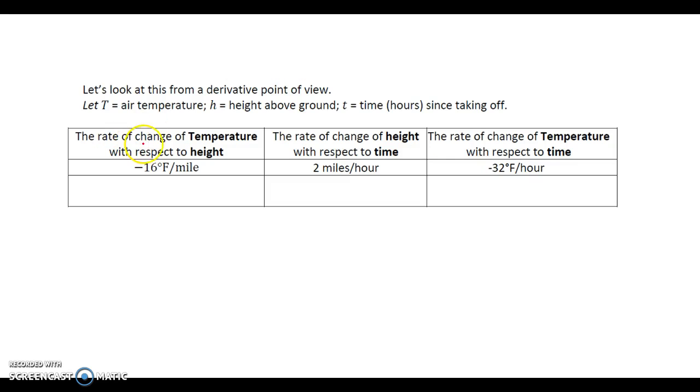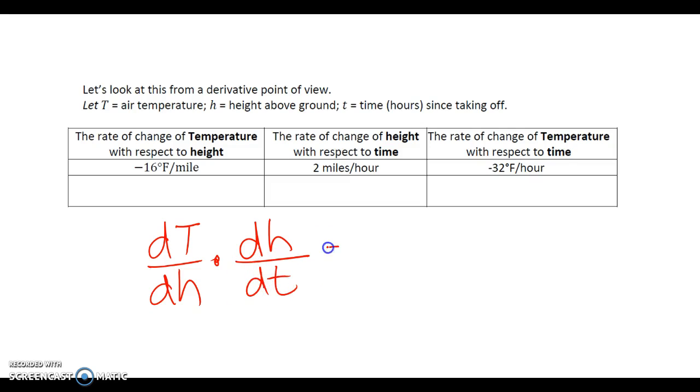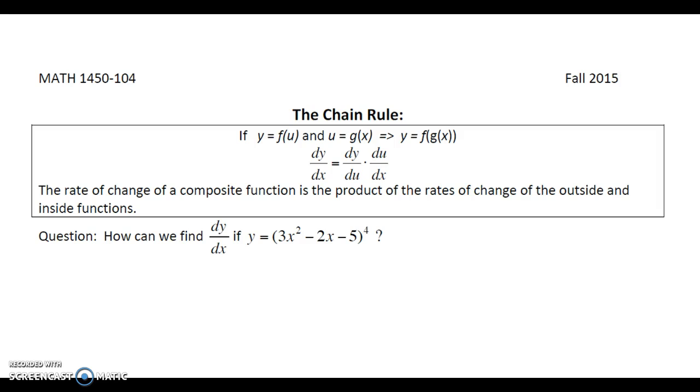He's saying, notice this, the rate of change of temperature with respect to height times the rate of change of height with respect to time will give you the rate of change of temperature with respect to time. Okay? That's how he gets this. That's where we're going over this chain rule, which is what you and I were doing today.